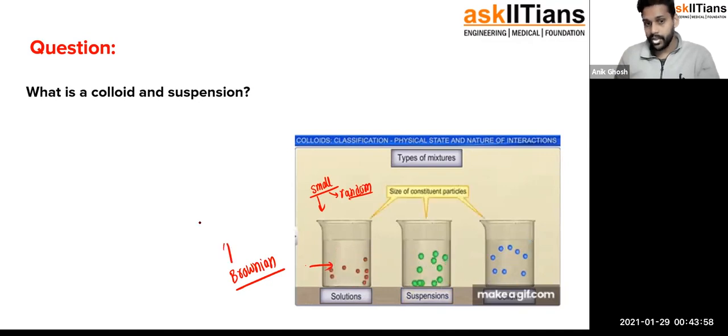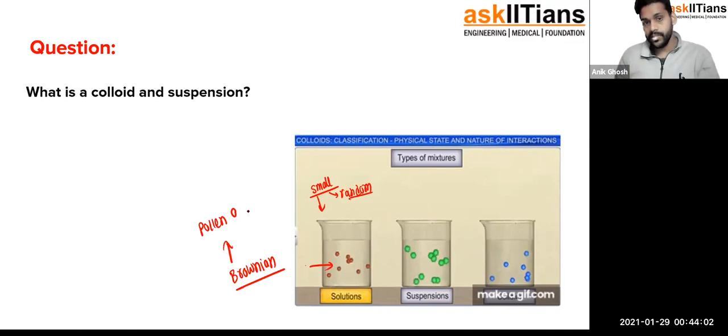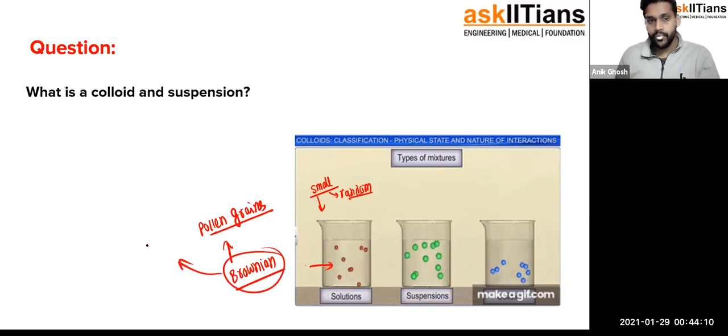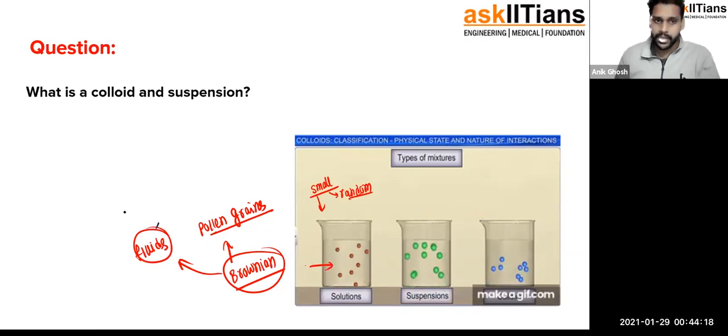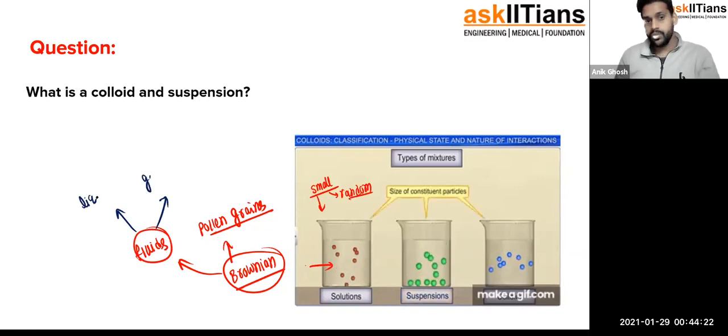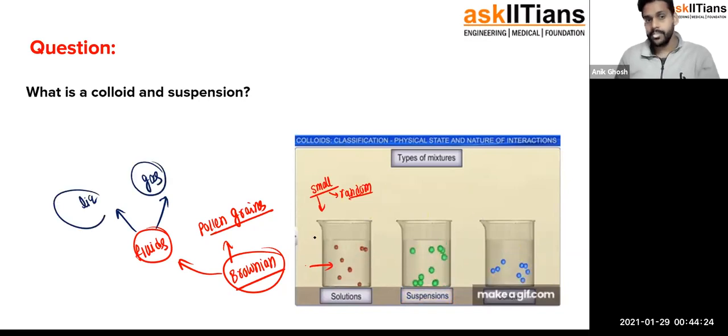So for that reason we call it Brownian motion. Brownian motion is seen for all types of fluids. Okay, that's why it is very famous. Fluids mean both liquids and gases. So in both cases, you see this Brownian motion. So you can see all the particles are moving randomly. Okay.